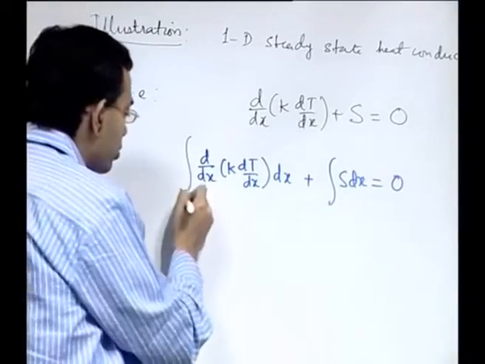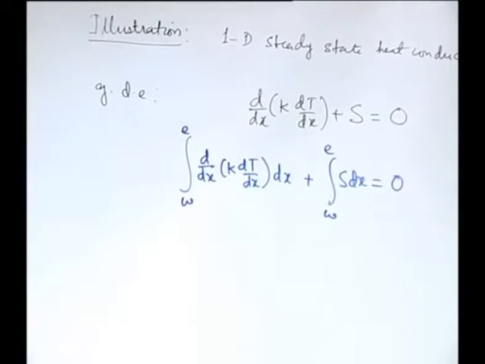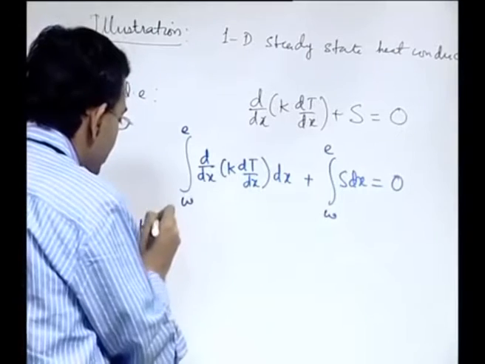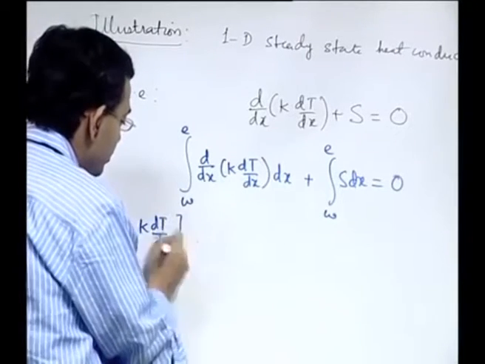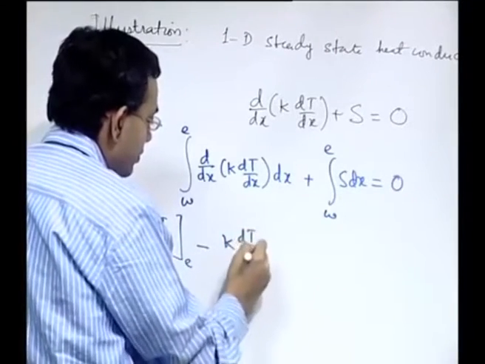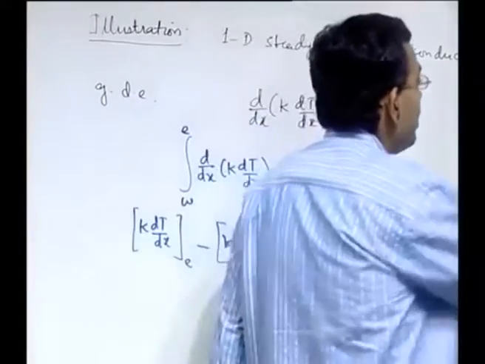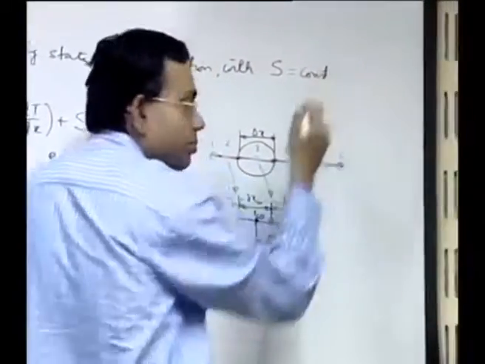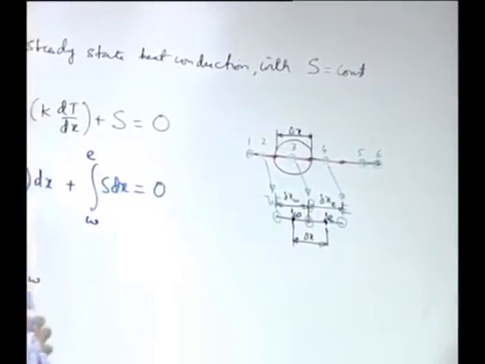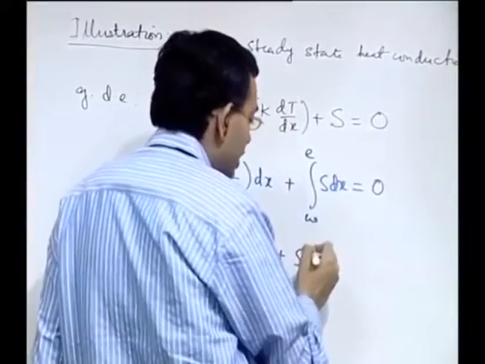From small w to small e. So, the integration becomes k dT/dx at e minus k dT/dx at w. Let us consider S as constant as we have considered for the previous cases as well. Then S will come out of the integral, so plus S into x small e minus x small w, that is delta x.